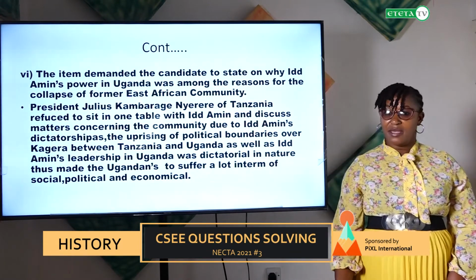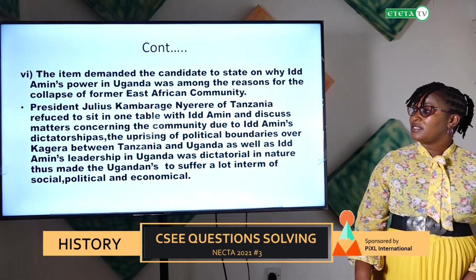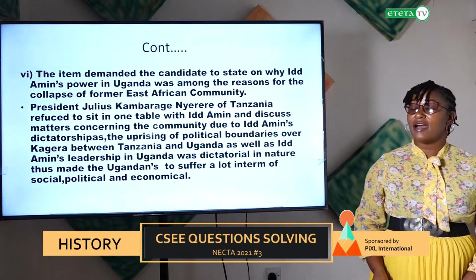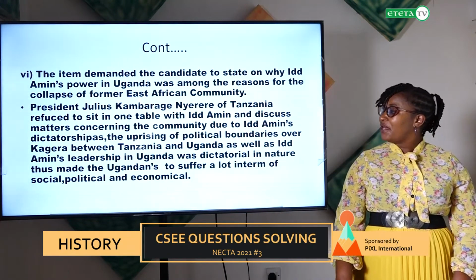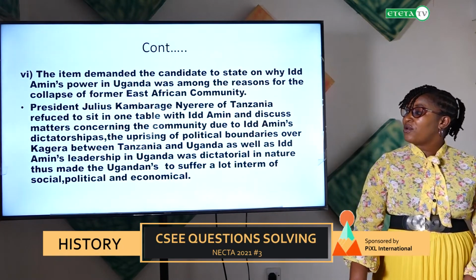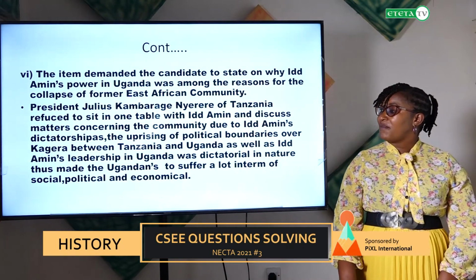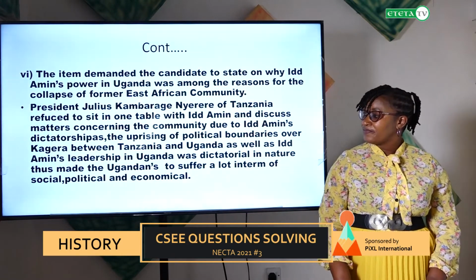Why was Idi Amin Dada a reason for the collapse? President Julius Kambarage Nyerere of Tanzania refused to sit at one table with Idi Amin and discuss matters concerning the community due to Idi Amin's dictatorship.